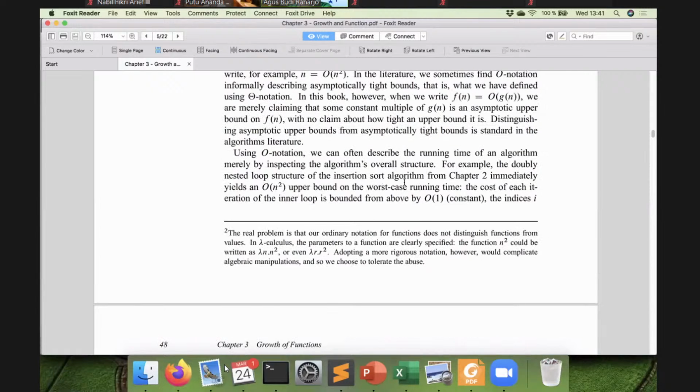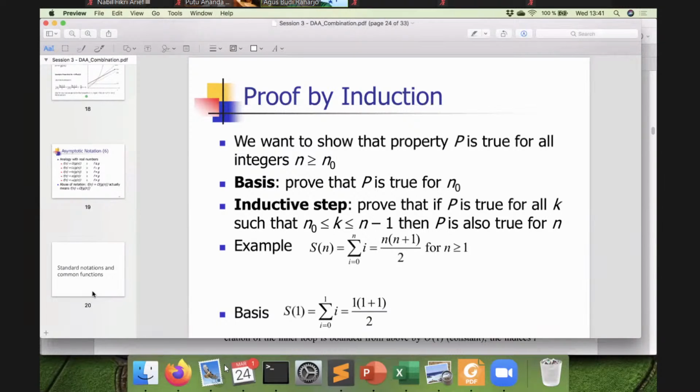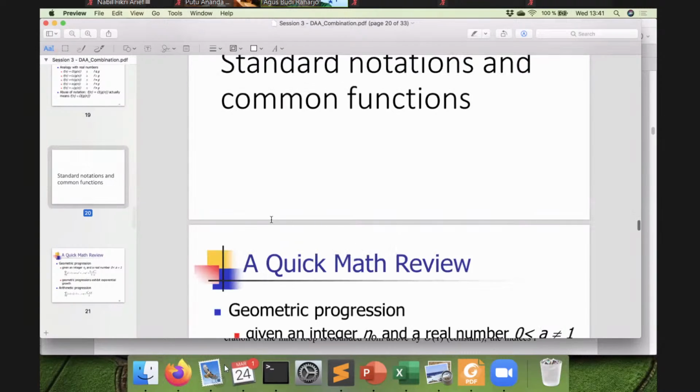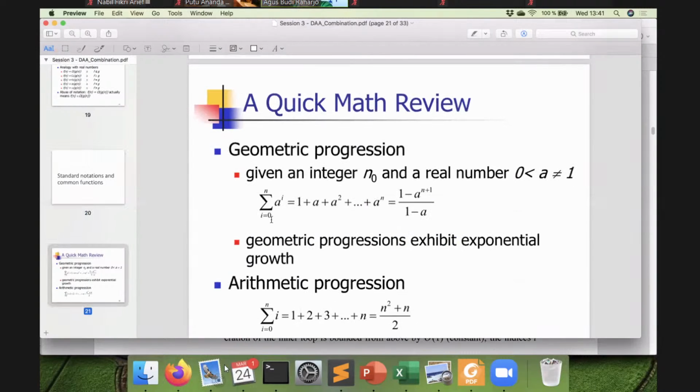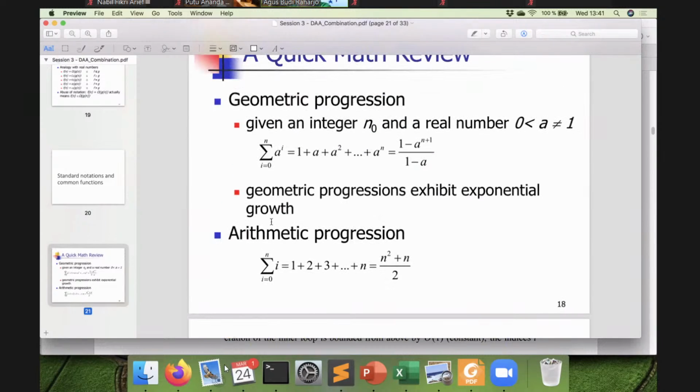Okay, so we continue over here. For standard notation and common functions, I will start firstly with this one. It's very important to understand. When you compute the computation time, or when you solve a problem, sometimes you will find this kind of equation. So we can simplify this equation.